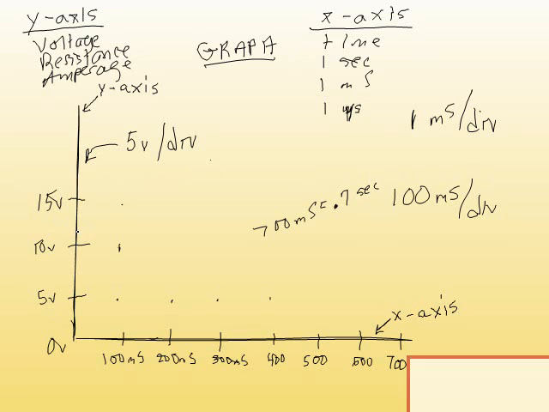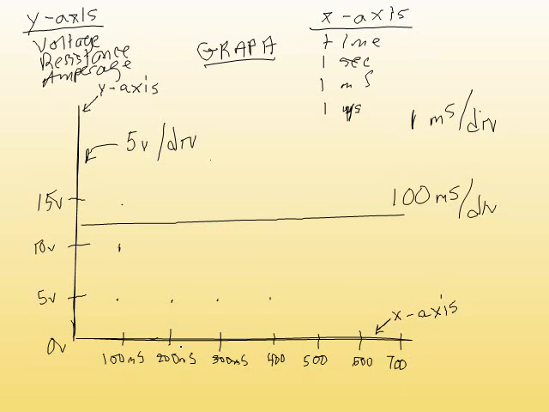This is what I will see. It'll actually be a little bit straighter than that. Let me try again. Over that entire 7/10 of a second, the voltage stayed at 12 volts, and you basically just see that represented graphically.